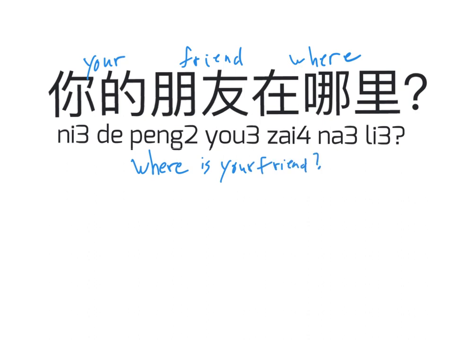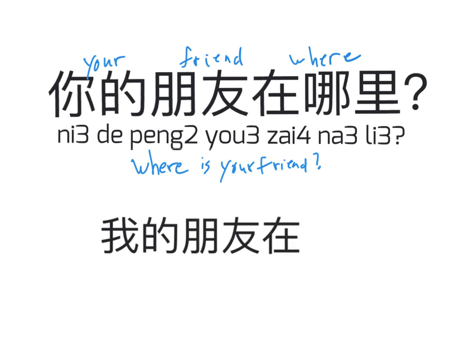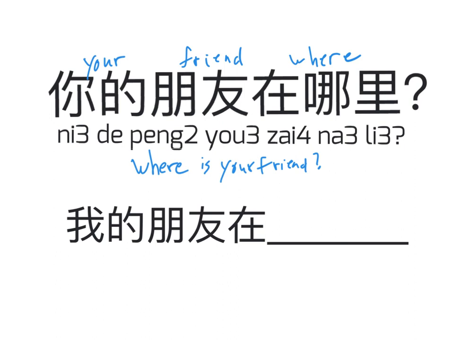And how do we answer that? Again in Chinese, you have to change the 你 to 我的, then copy the 朋友, copy the 在, and then a blank space. So 我的朋友在, my friend is in, and then a location.